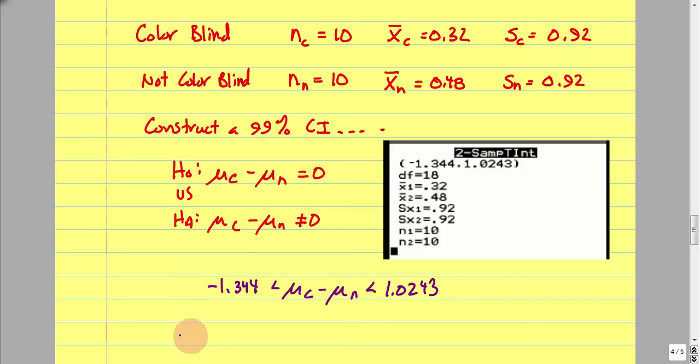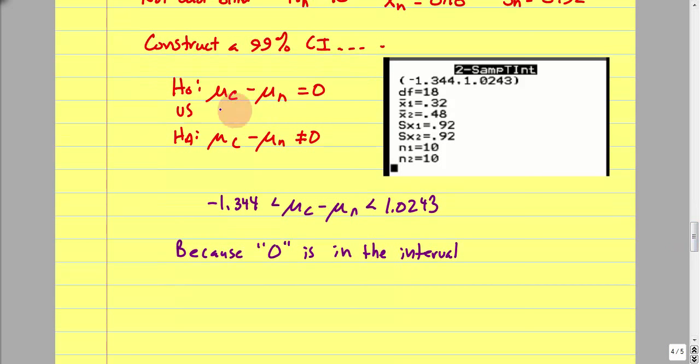Now, because 0 is in this interval, meaning the difference could be negative, 0, or positive, basically what that says in terms of this hypothesis is that this could be true. Mu c, the average of the colorblind minus the average of the not colorblind, could be equal to 0. So basically I would fail to reject H0.